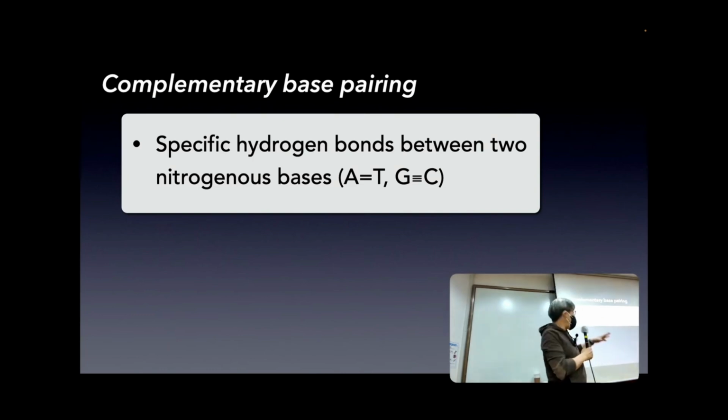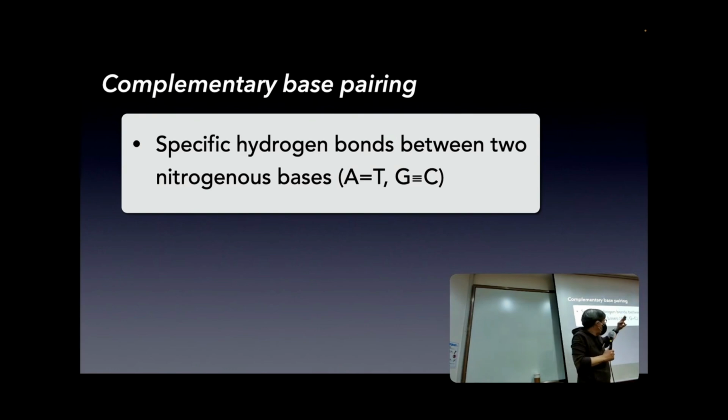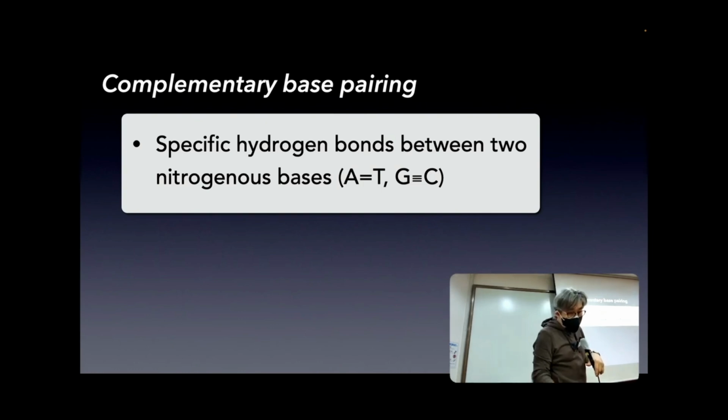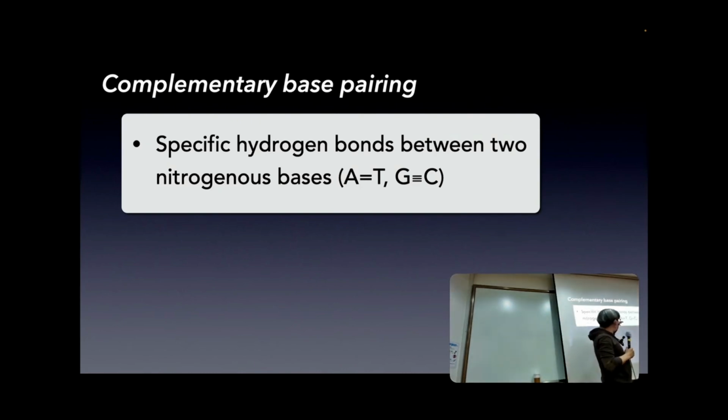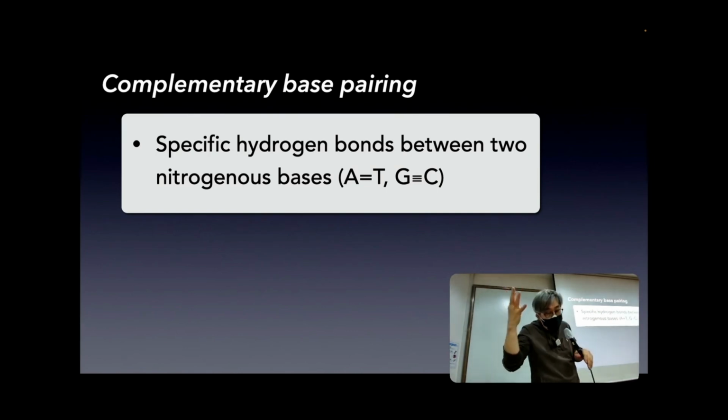It's always between adenine and thymine, the nitrogenous bases, and only between guanine and cytosine. As you see over here, two lines are drawn between A and T, and three solid lines are drawn between G and C, meaning a different number of hydrogen bonds.